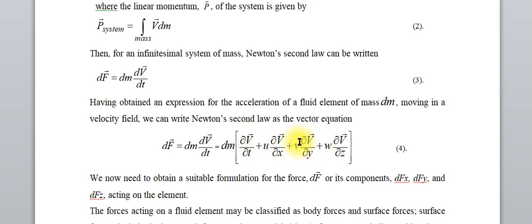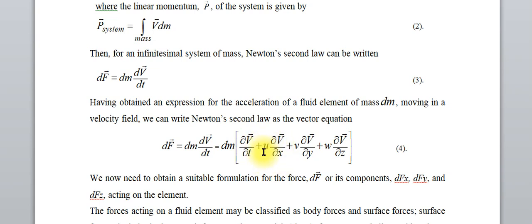Look at this one, how it is changed. This is the local acceleration, and this is the convective acceleration. In the previous lecture we derived this, because this is dx by dt and dt by dx, so it becomes partial v by partial x.